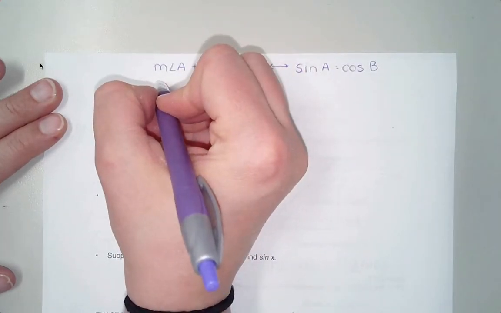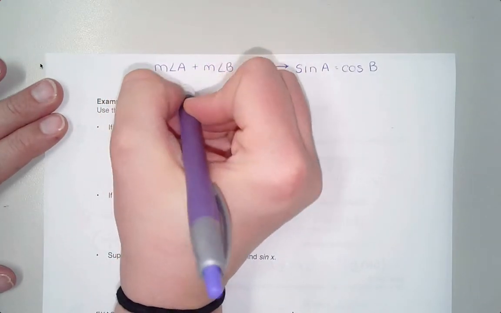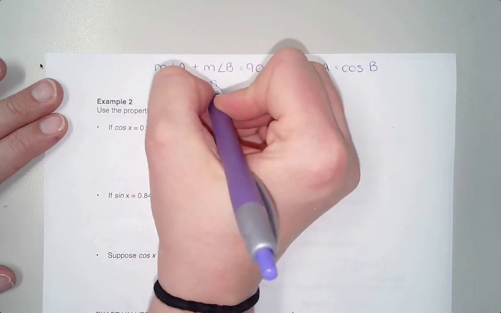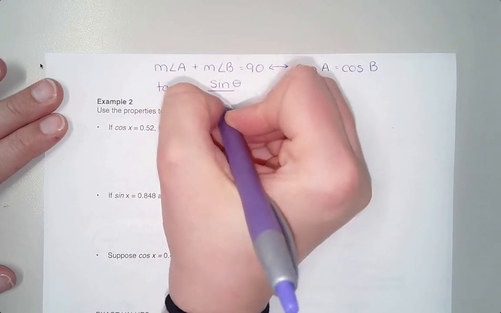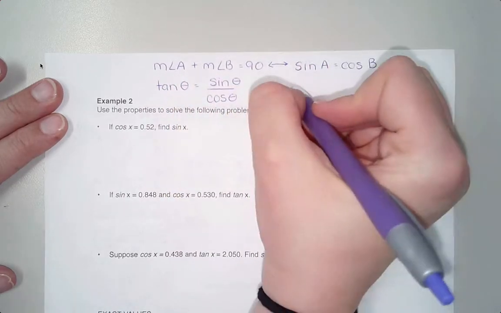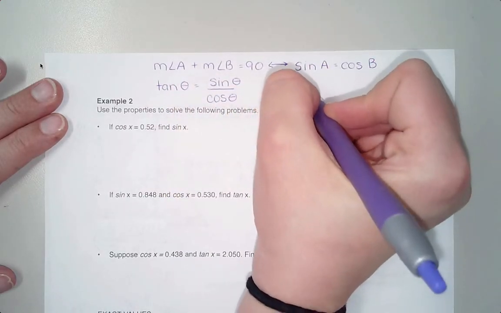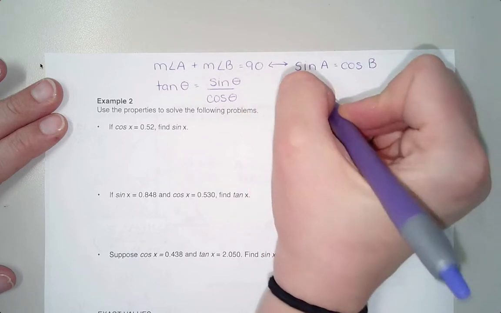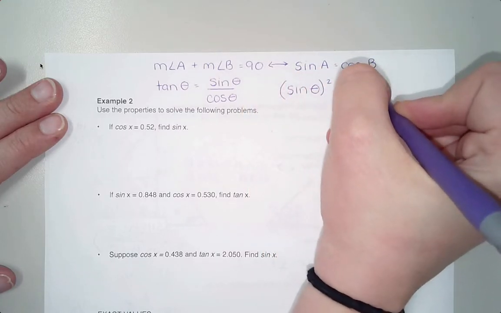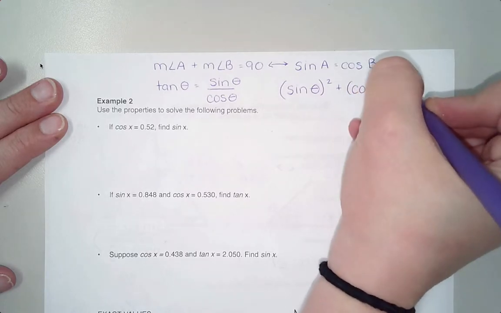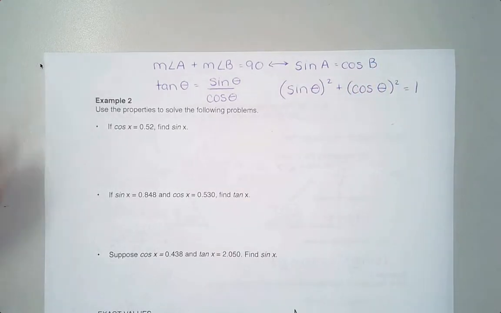We know that tangent of theta is equal to sine theta over cosine theta. And then we know our Pythagorean identity, that sine of theta squared plus cosine theta squared is always going to equal 1.